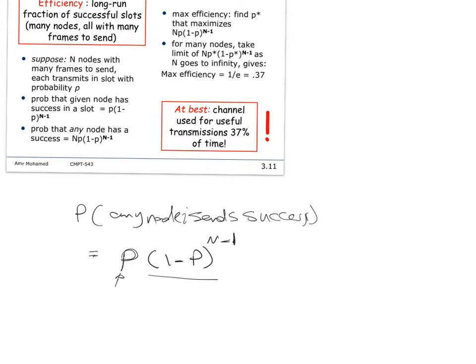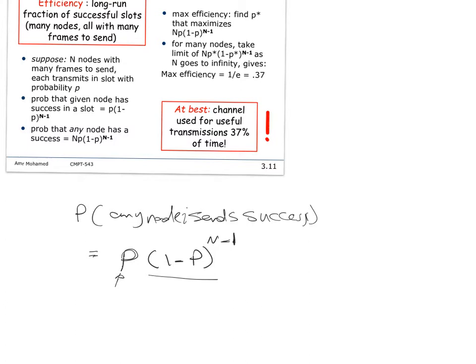If we want to calculate the probability of success given that any node sends successfully, this means that either node 1 will send successfully, or node 2 will send successfully, or node 3 will send successfully, or node n will send successfully. The probability of each of them is this. Then the probability of all of them OR together is what?